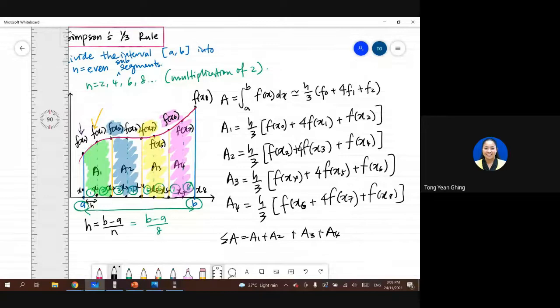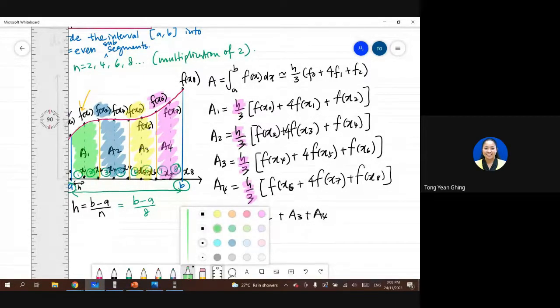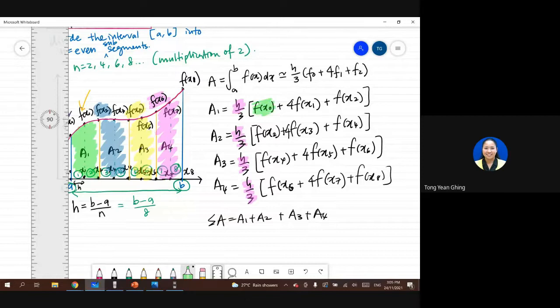Okay, kalau tengok ke sini, all of having the same H over 3, right? Cuma kat sini, kalau tengok in more details, the first fx0 is appear once, and then sama juga dengan the last fx8 is appear once.